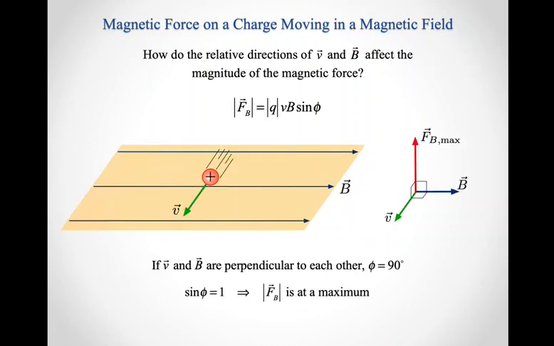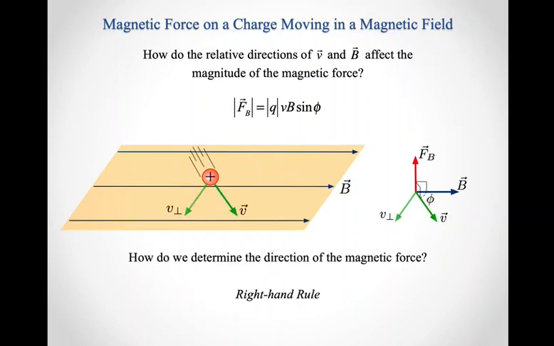On the other hand, if your charge is moving perpendicular to the field line, so the magnetic field still points to the right, but now I've switched it up so that the charge is coming out towards me in the way I'm trying to draw this three-dimensionally, the velocity and field vectors are perpendicular to each other, which means I'm plugging in 90 degrees for phi. Sine of 90 degrees is 1, and I've made that sine term as large as it can be, so I have the maximum value of the magnetic force acting on my charge.